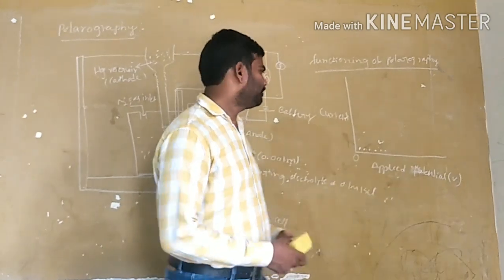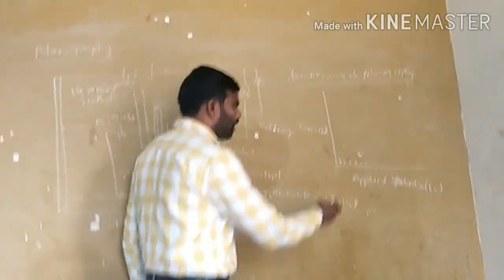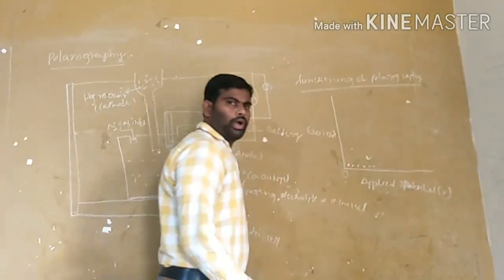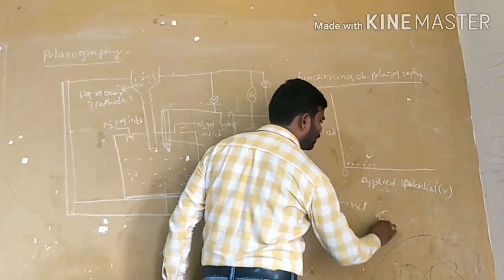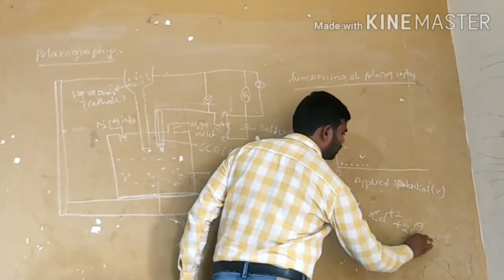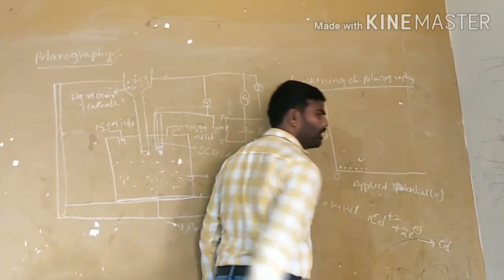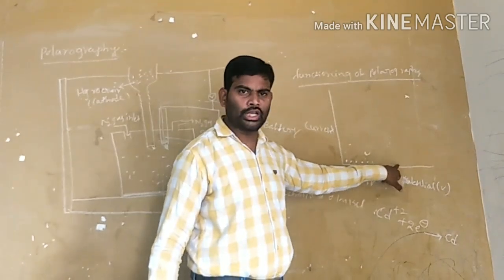After that, in this reaction, by applying voltage, the cadmium ions undergo reduction: cadmium 2+ gains 2 electrons, converting into cadmium. This cadmium ion dissociation starts at a particular applied voltage value.